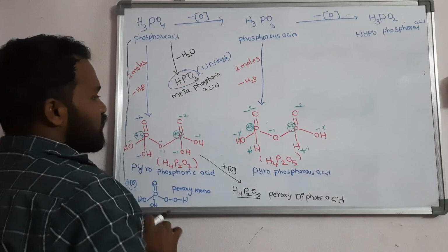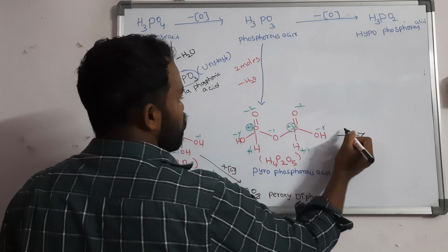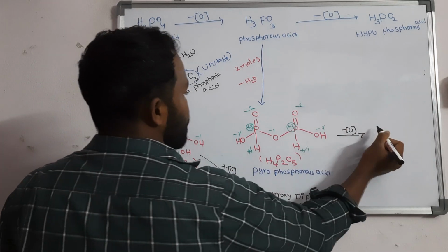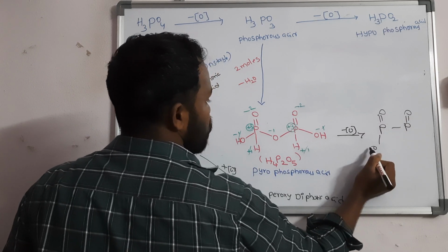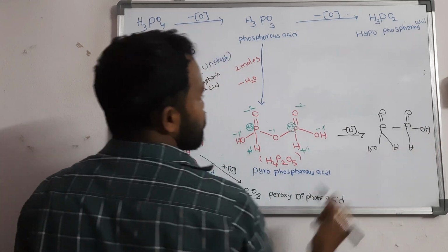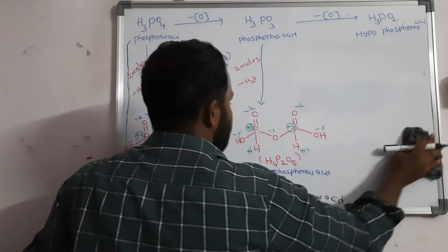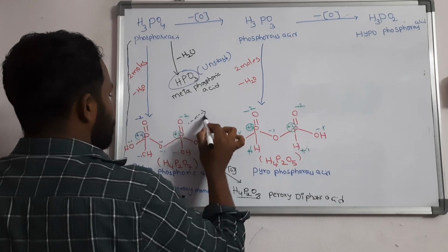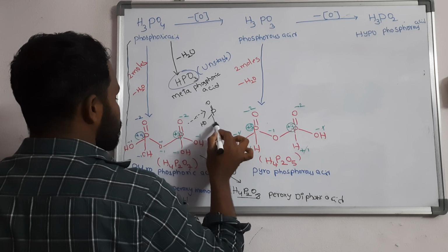The last one: if you remove one more oxygen from here, what will you get? P double bond O, P double bond O, OH, OH and OH, right? Otherwise, from this only you should write P double bond O, OH and OH.